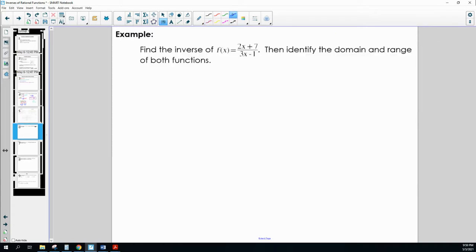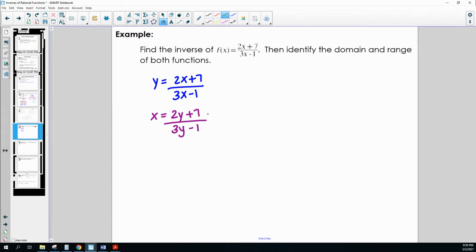Okay, so let's look at this other example here. Same thing as before, so we're going to find the inverse first. So first thing I will do is make this y equals (2x + 7)/(3x - 1). I'm going to change the y's to x and the x to y. So x equals (2y + 7)/(3y - 1).